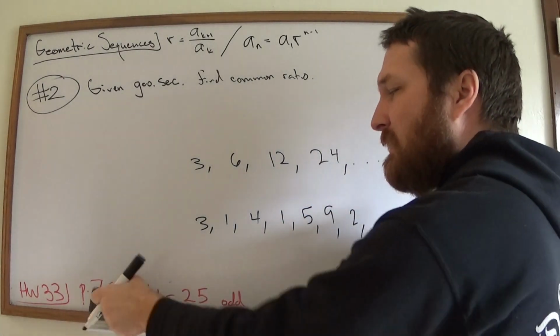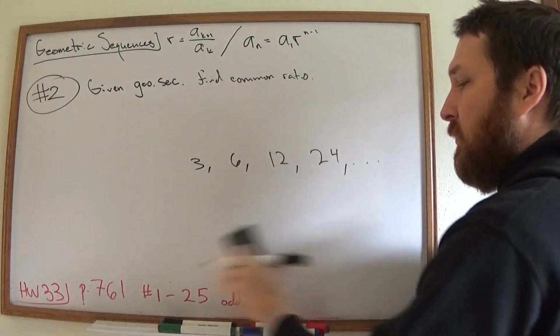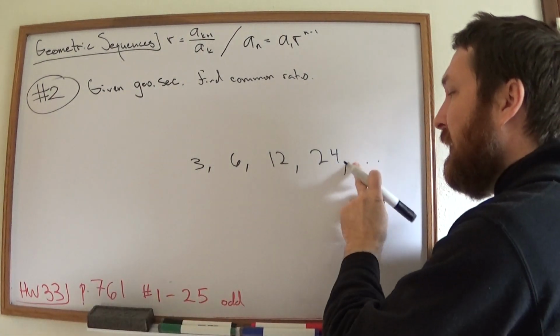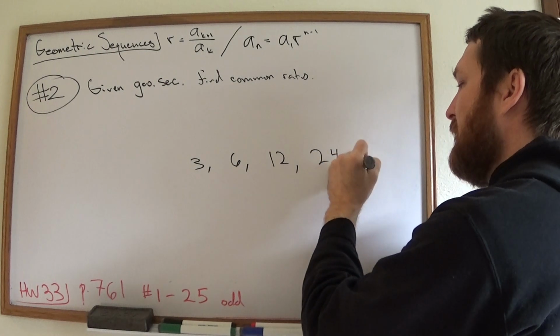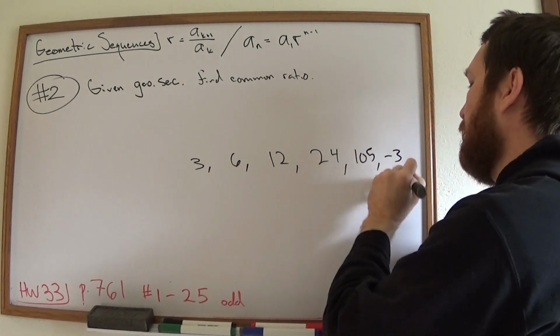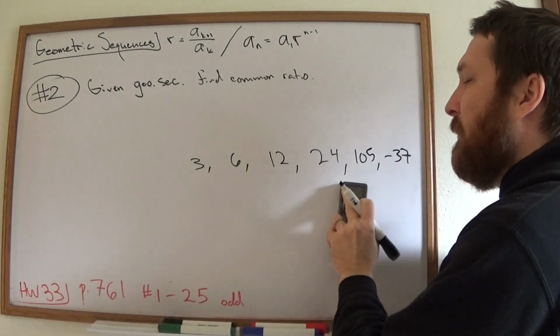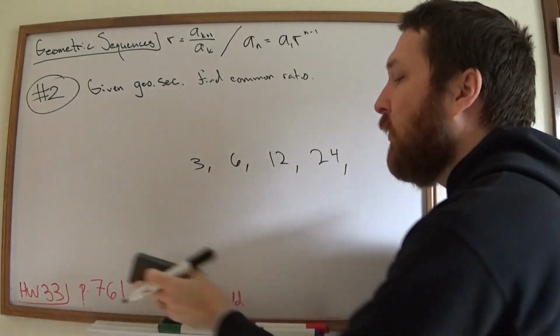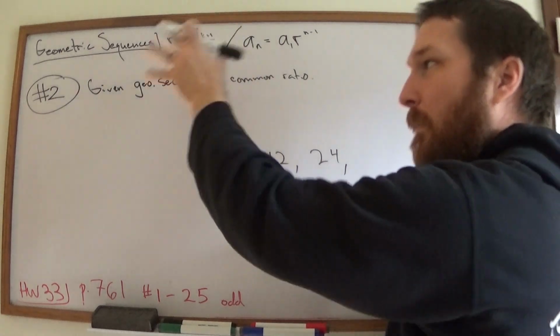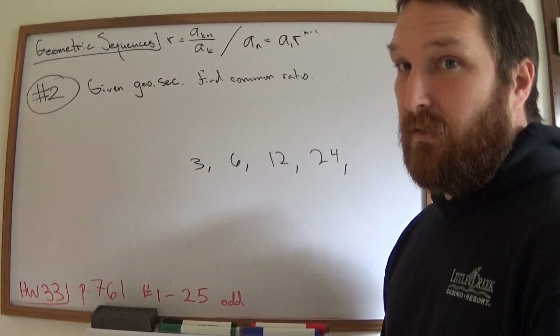It doesn't need to be a nice pattern, or you might have a nice pattern and then it does 105, then it does negative 337, or something like that. We don't know right off the bat whether or not it is. So you have to be told that, yes, indeed, what we're about to write down is geometric.